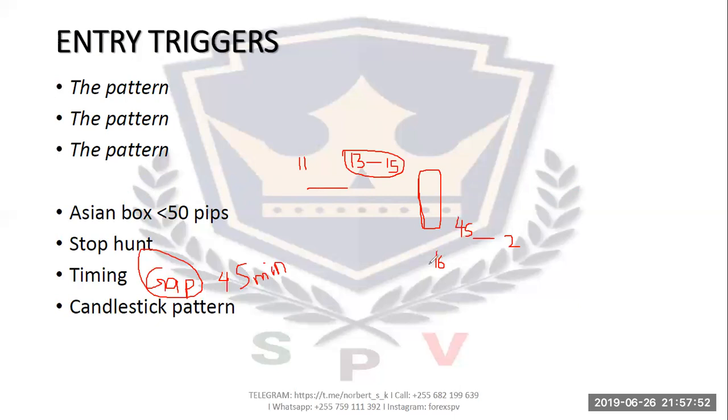If it's 15:30, 16:30, then 2 hours is around 17:30 our time to 18:30. These are the proper times for you to take an entry. So convert them into your own time.